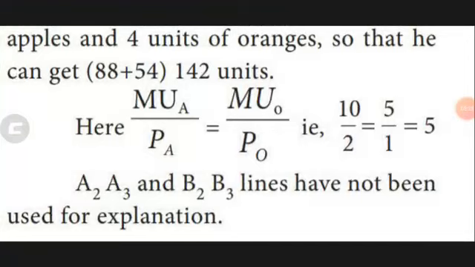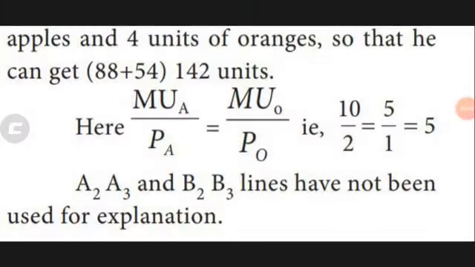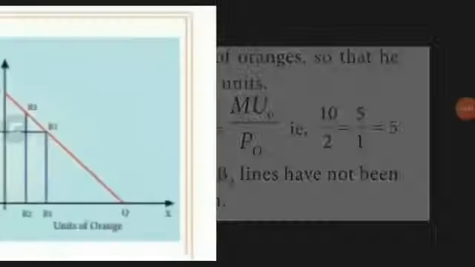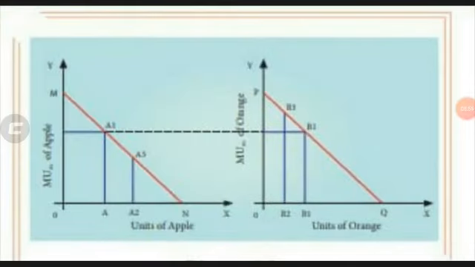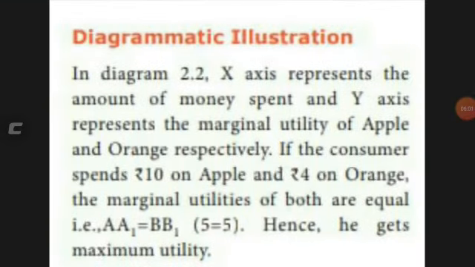Now see the diagram, A2 A3 and B2 B3, the second line in blue color. Those are not equal. But when you combine both diagrams, the x axis is income and the y axis is marginal utility.